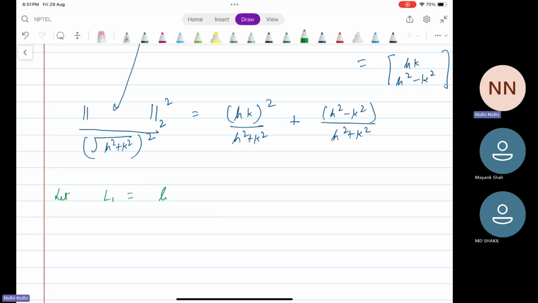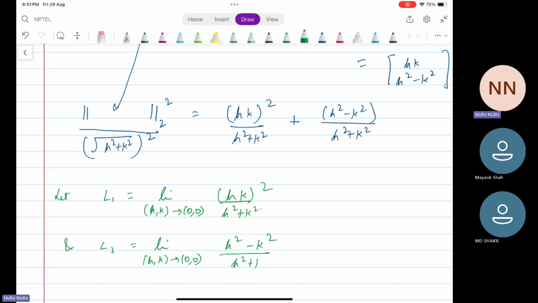Let L1 be the limit as h comma k tends to 0, 0 of hk square by h square plus k square, and L2 the limit as h comma k goes to 0, 0 of h square minus k square by h square plus k square. So can you evaluate these limits?